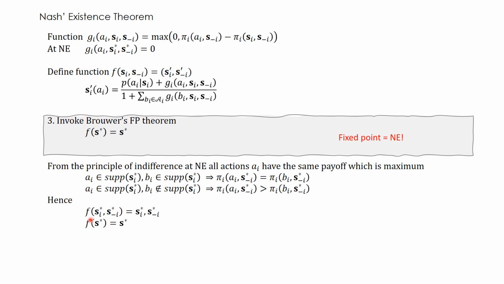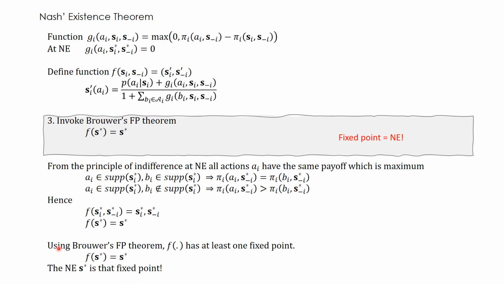Whence, at Nash equilibrium, f of S star I, S star negative I will give you S star I, S star negative I, because no pure action will yield a higher payoff. Since S star I, S star negative I is the joint strategy of all agents, we say S star equals S star.